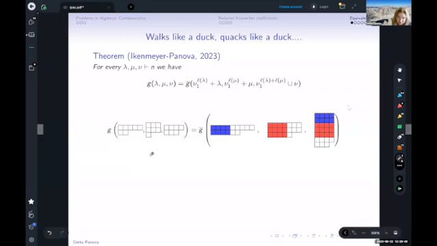Visually this looks like this. These are our lambda, mu, and nu. What we do is, this is our lambda, we are going to add a rectangle to lambda. This is our mu, we're going to add a rectangle to mu, and this is our nu, and we're going to add the rectangles to nu, but on top. These are the same rectangles we're adding. And it turns out that the Kronecker coefficient for lambda, mu, nu is equal to the reduced Kronecker for these 3.